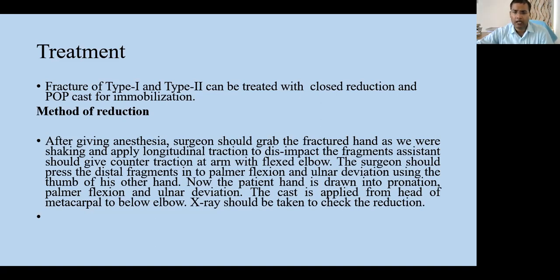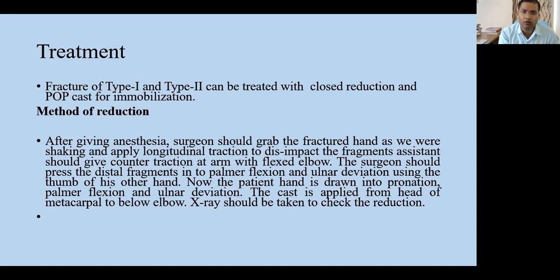The position of the patient should be supine, and the assistant will hold the elbow in the flexed position, just like that. The elbow should be flexed, and the assistant holds the hand from here and gives counter traction from this side, and the surgeon will hold the hand from this side to reduce this fracture.